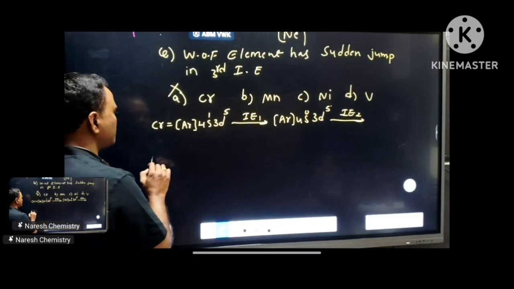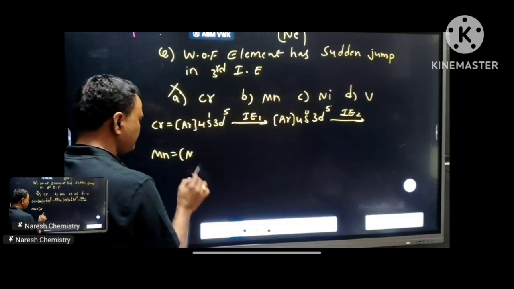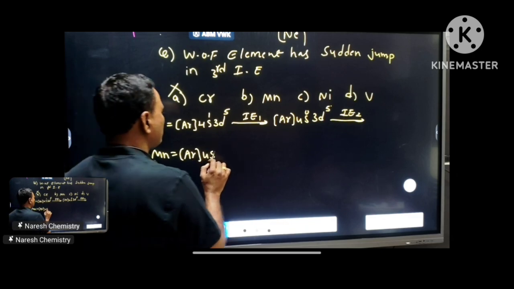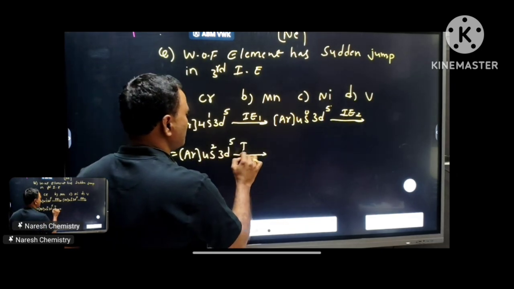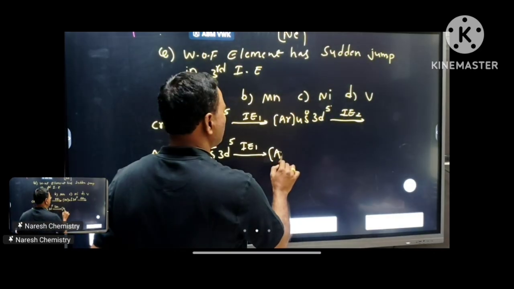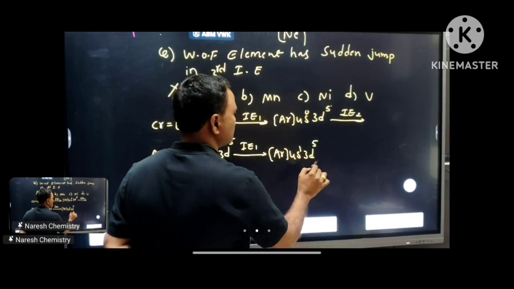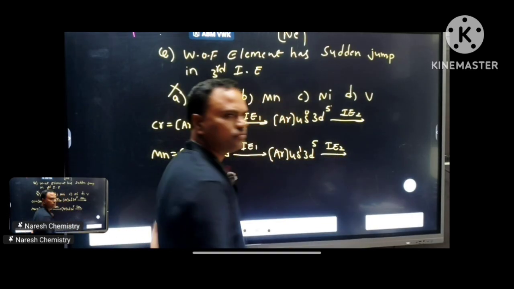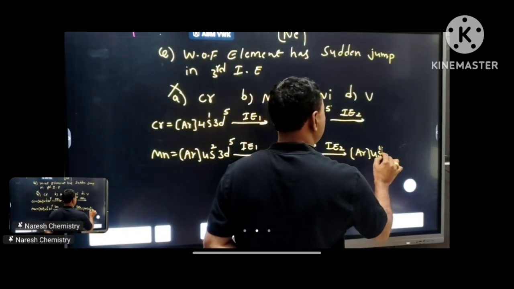Let us take manganese. Argon 4s2 3d5. Ionization energy 1: remove the first electron, then we'll get argon 4s1 3d5. Remove another electron, ionization energy 2: argon 4s0 3d5.